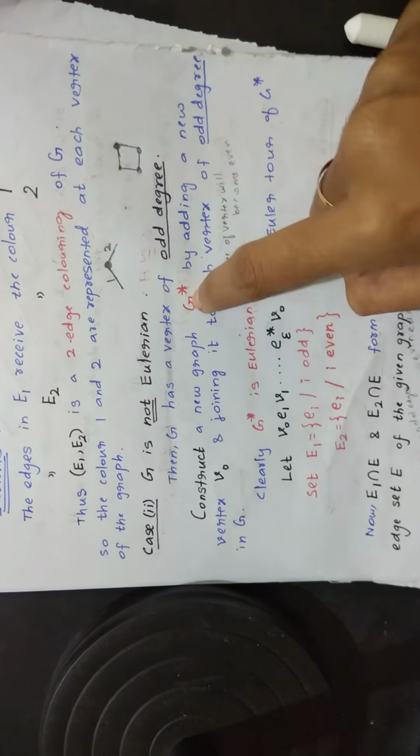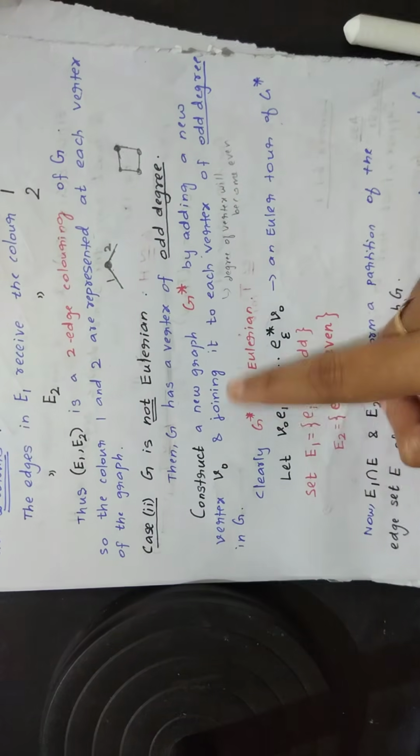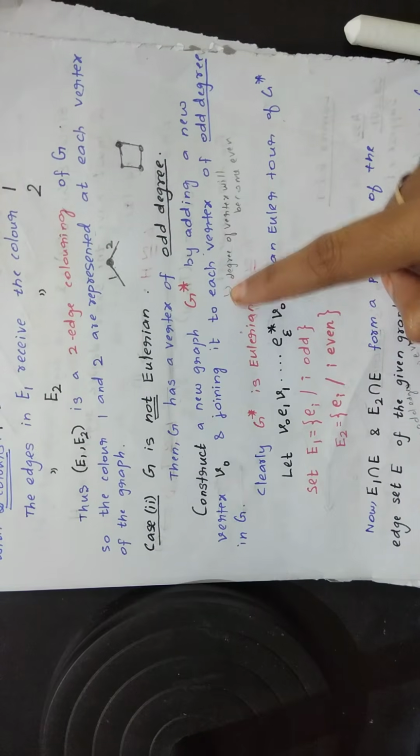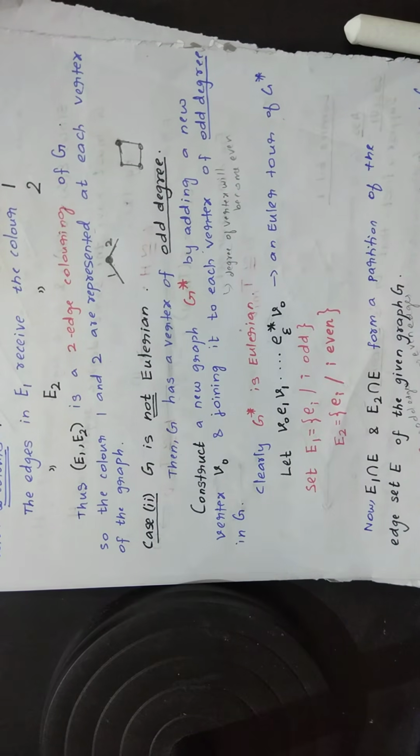And in this G star, you join V0 with each vertex of odd degree.